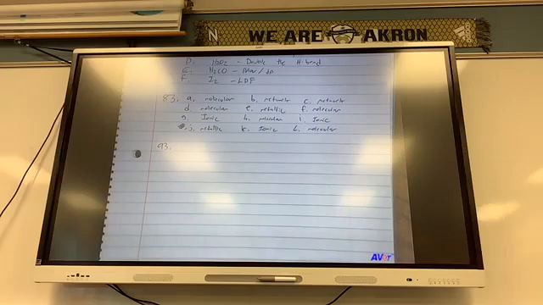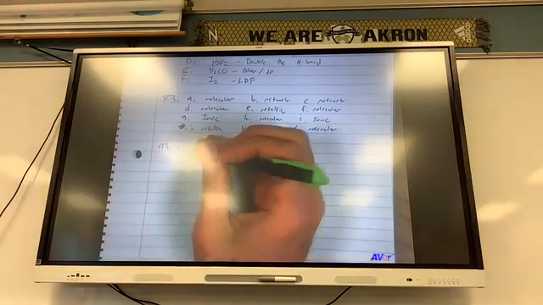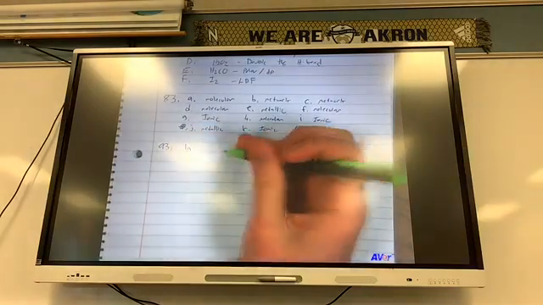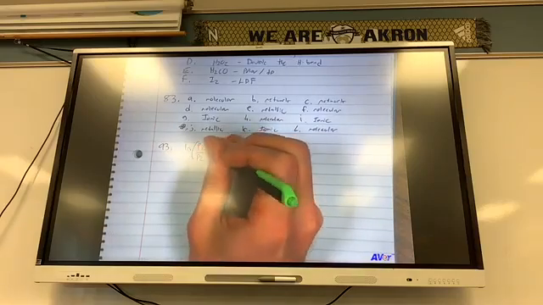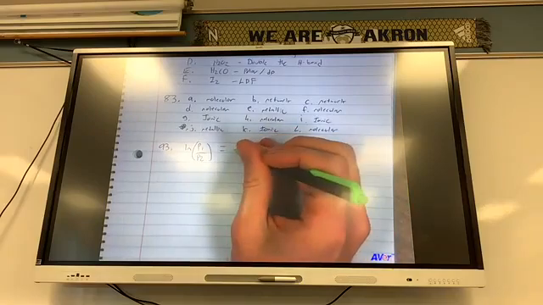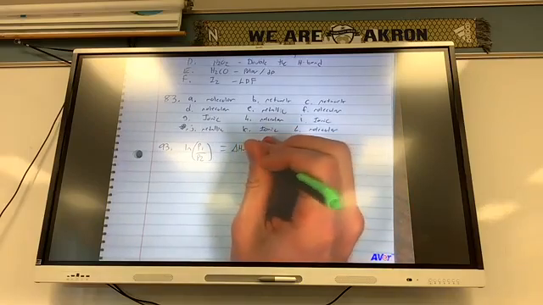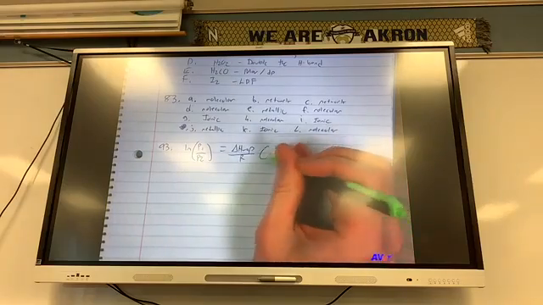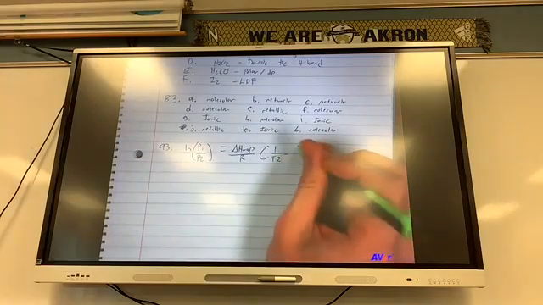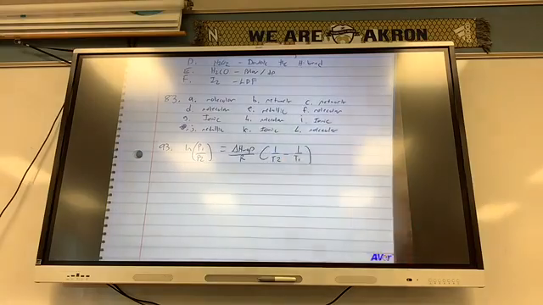So 93: Breckenridge, Colorado, atmospheric pressure 520 torr. What's the boiling point of water? Delta H vaporization is 40.7 kilojoules. You need a little bit of an assumption here. I know that the equation is natural log of P1 over P2 equals delta H vap over R times 1 over T2 minus 1 over T1.